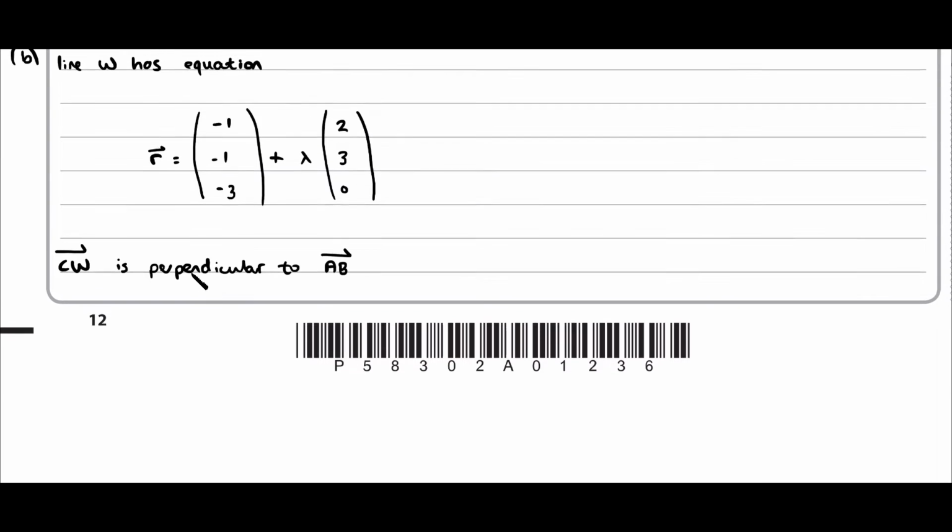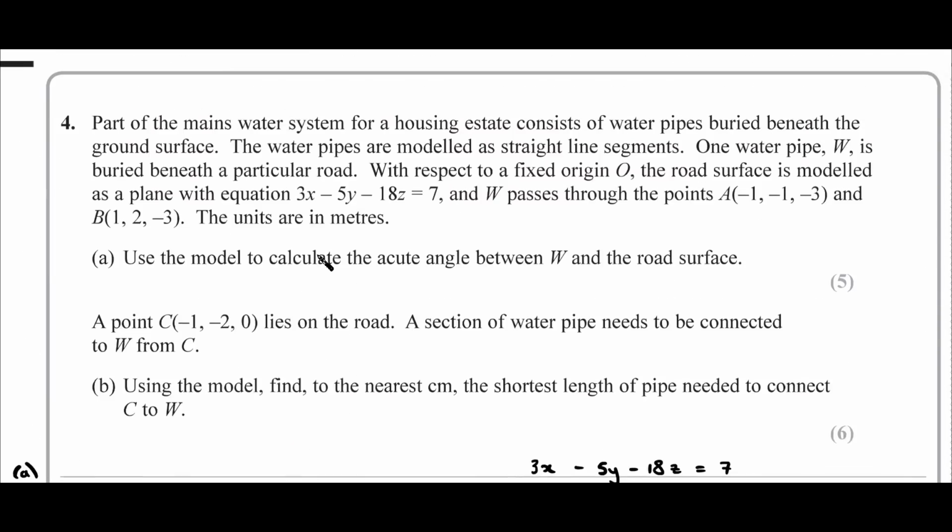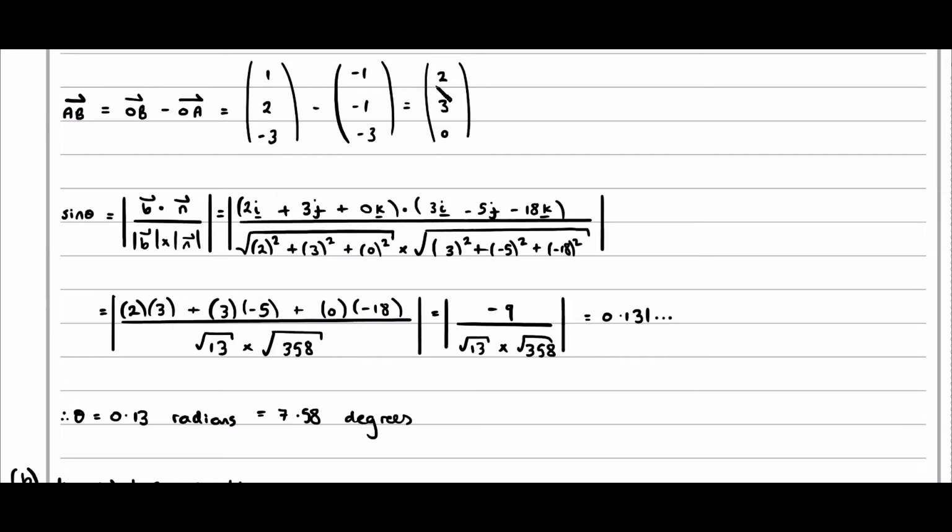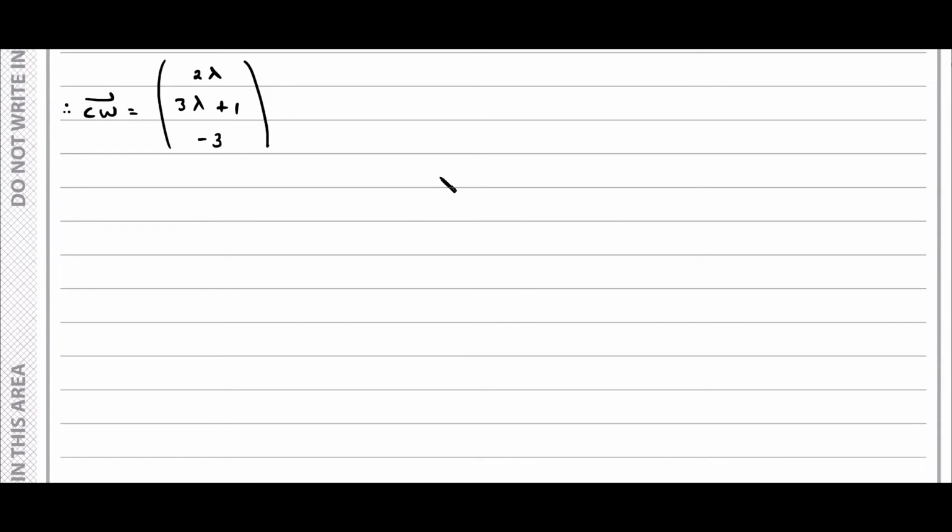And if we know that CW is perpendicular to AB, remember AB is given by this direction vector 2, 3, 0, dot producting those together and setting that dot product equal to 0, we have 2 lambda, 3 lambda plus 1, minus 3, dot product with 2, 3, 0. Of course, this is all equal to 0.